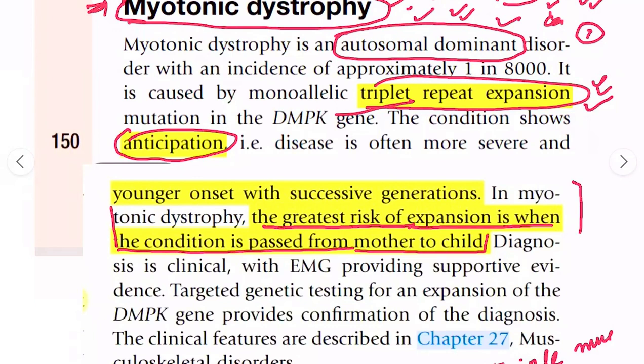The third one is your Huntington's chorea. These three diseases are triplet repeat expansions, and these are an example of genetic anticipation. Okay, this is known as genetic anticipation. You may get three types of question from this paragraph, right?